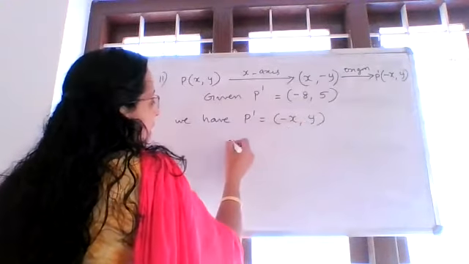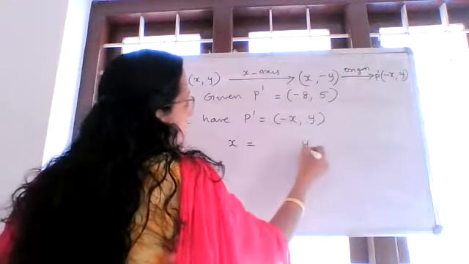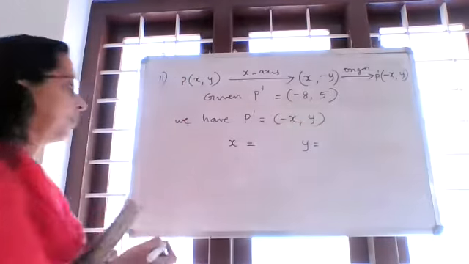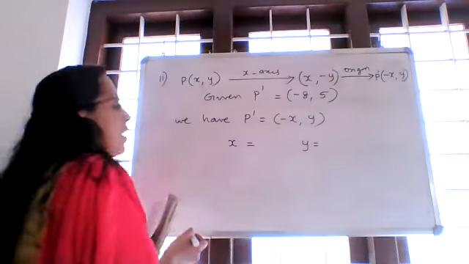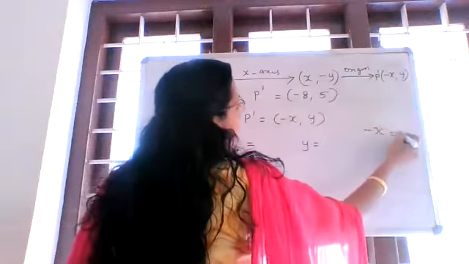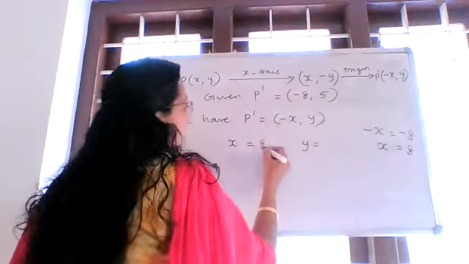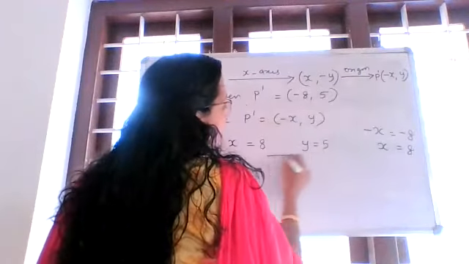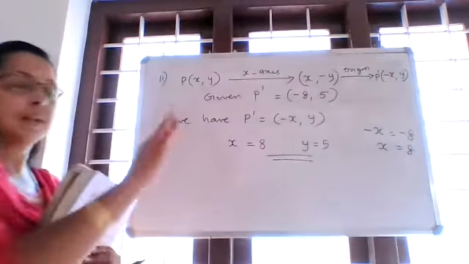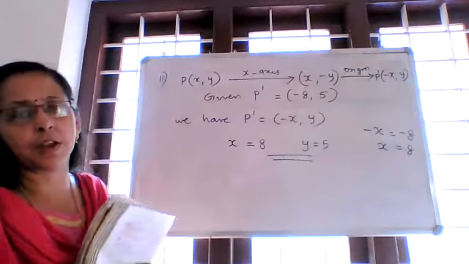Therefore, x is equal to what and y is equal to what? Negative x is equal to negative 8, that is x is equal to 8, and y is equal to 5. This way is enough. No need of detailed steps.